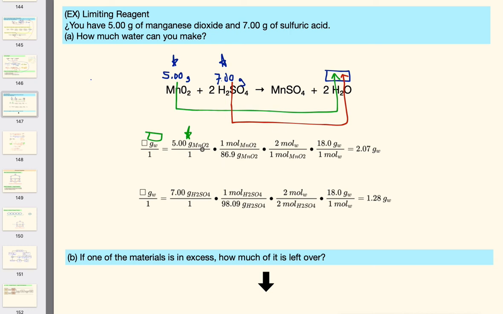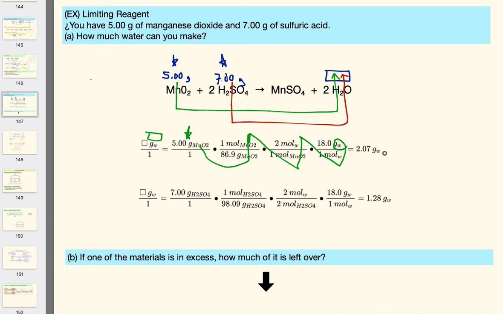I go from grams of manganese oxide to moles of manganese oxide, and then from moles of manganese oxide to moles of water, and then from moles of water to grams of water. And that's what I'm looking for: grams of water.